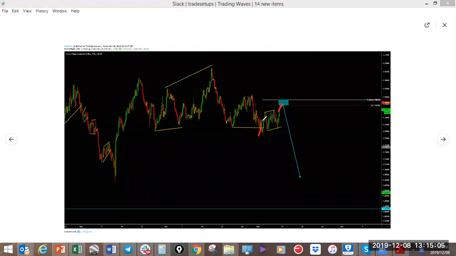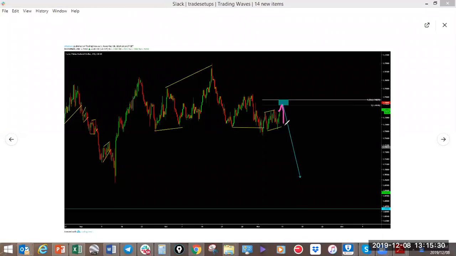But again, like the theme of our webinar today, we're talking about the interbank market. Now let's look at this structure and see how this one plays out. So I'm initially looking at 1, 2, 3, sell to the downside. What did this do? It did not do that. It made 1, 2. No, it came down here, came up here and then made 1 more down.